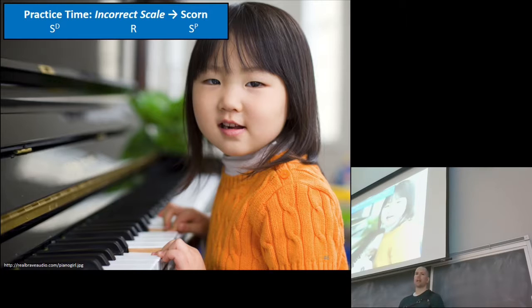So if you play a bunch of wrong notes, the teacher will be like, oh my goodness, that's the worst I've ever heard. Why are you even playing the piano? You should give up now. All right, so let's say that the teacher does that. We're going to see later on, this is not an effective way of changing behavior.